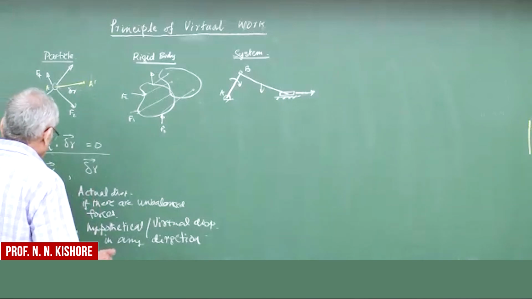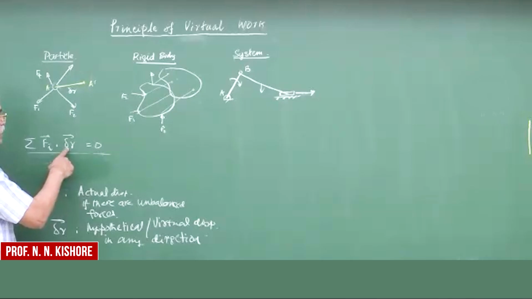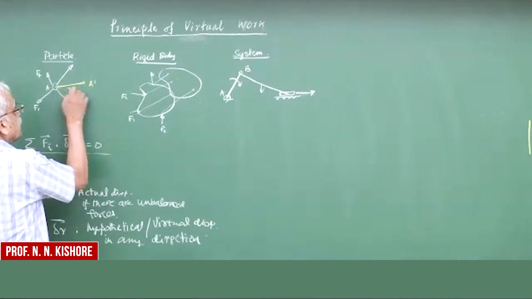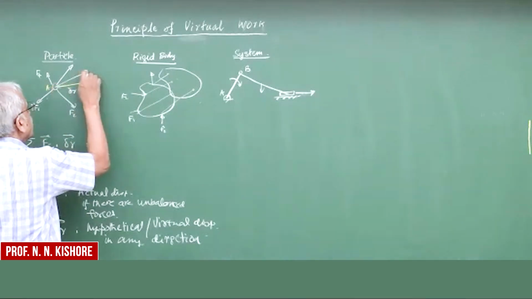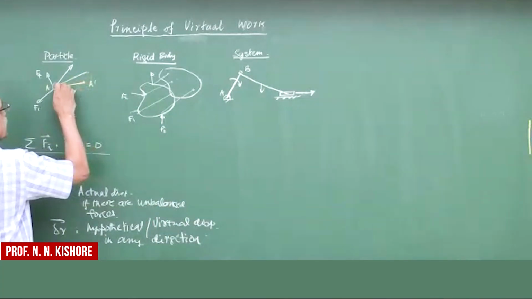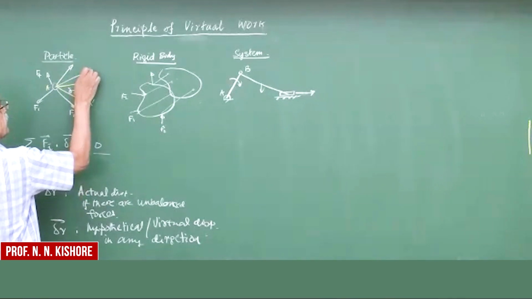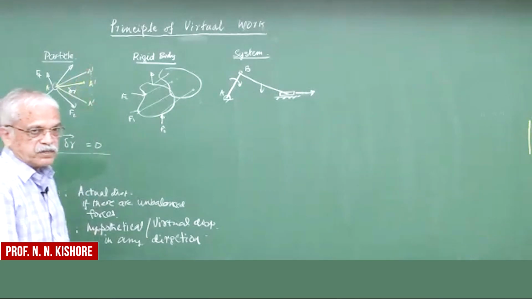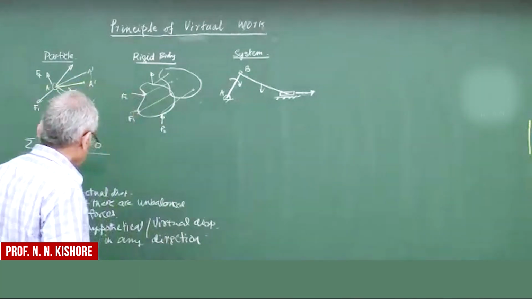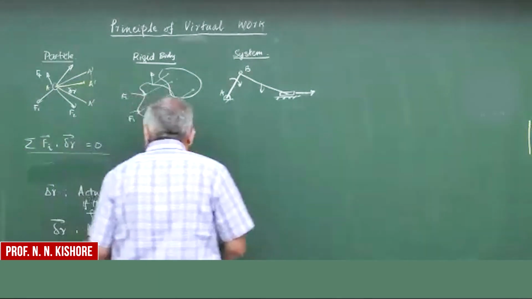But we can also displace it in this direction or in any direction. So delta R can be any arbitrary displacement, but there is a certain restriction that is applied.